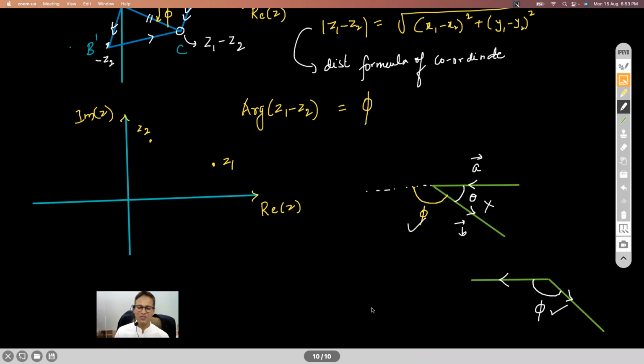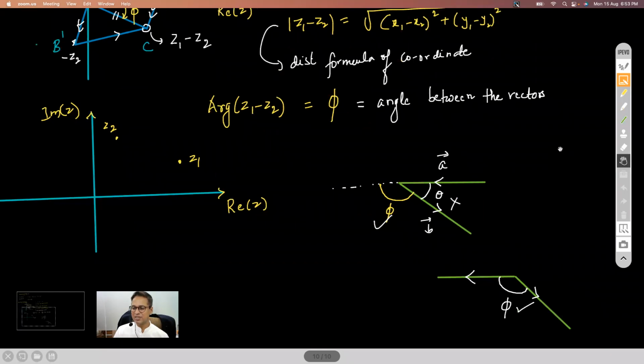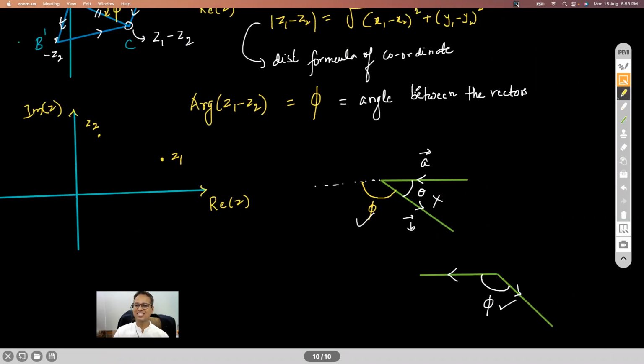Right? Now, in the same way, when you want to find out the argument of Z1 minus Z2, please note that it is the angle between the vectors. Let me write like this.